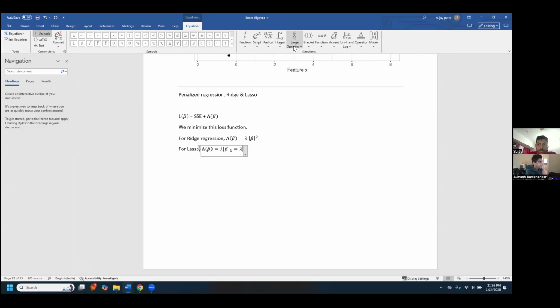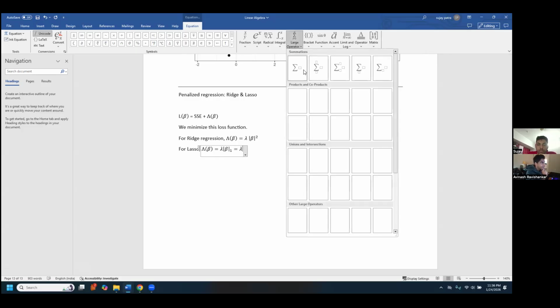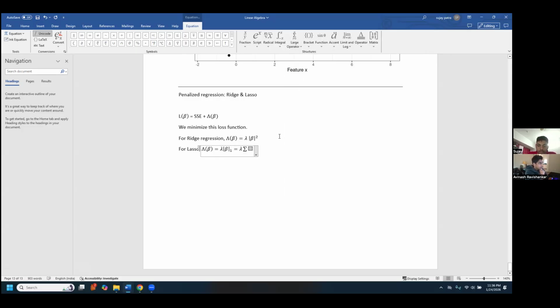I remember he taught us the L1 and L2 norms, so I know what that is now. Yes, so this is the absolute value of beta. It's good to specify this exactly so that we can also talk about how the minimization will work.